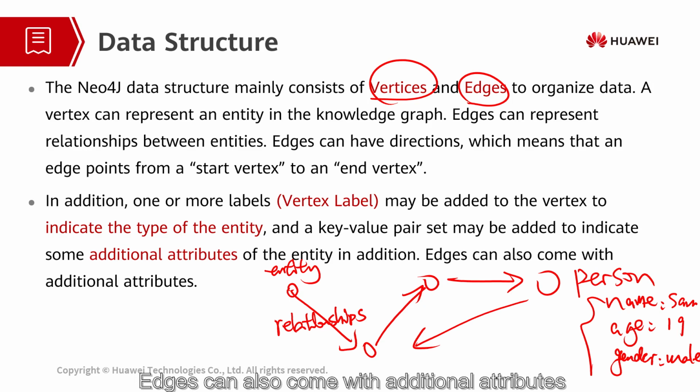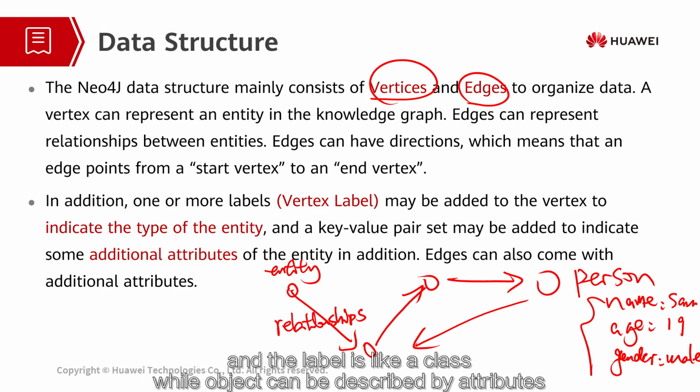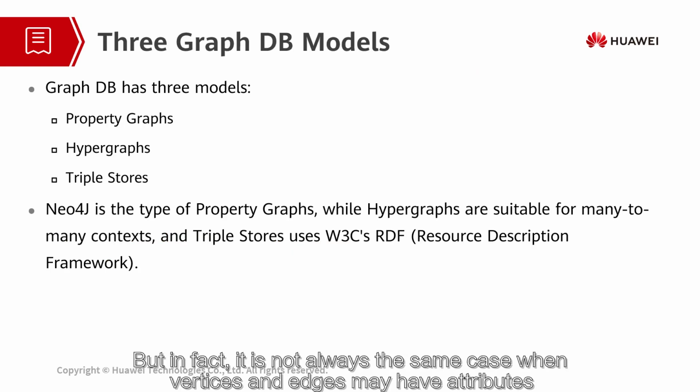Edges can also come with additional attributes. So if you are familiar with object-oriented programming, then in fact, each vertex or each edge is just an object, and the label is like a class while object can be described by attributes. But in fact, it is not always the same case when vertices and edges may have attributes.